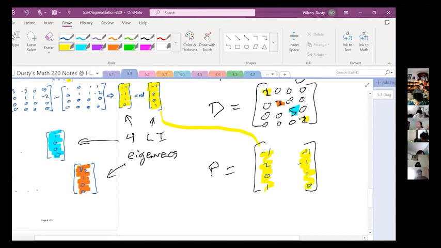You could have swapped the order on that and it would be fine. And then our blue one is going to come in here, and our orange one, something like that. So I could swap columns 1 and 4 and it should work either way in this particular case.